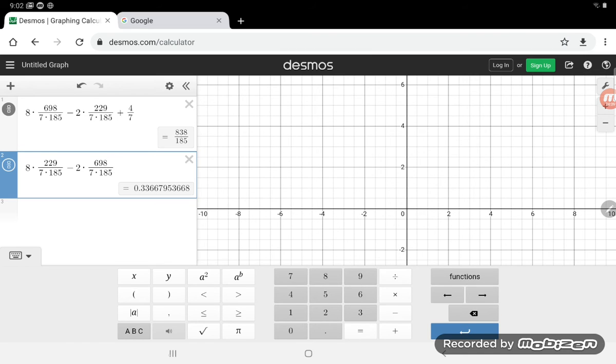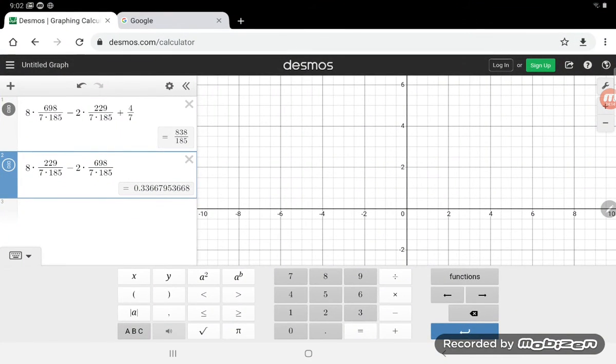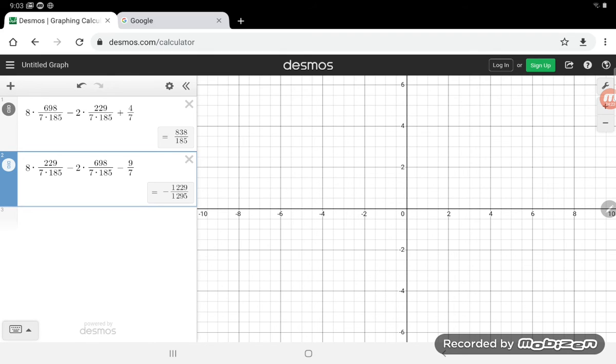And then finally, minus 9 over 7. And once again, we'll hit fraction. Oh, that's off a little bit somehow, because we have a minus 1229, and it's supposed to be over 1295.